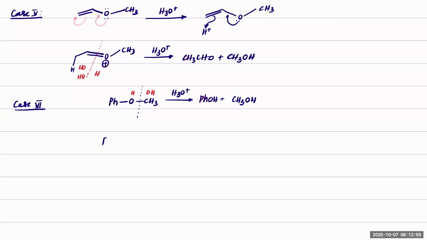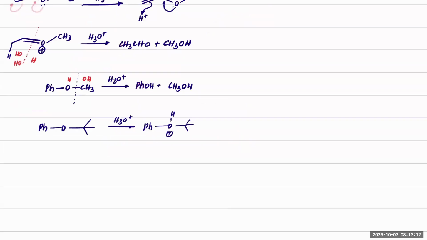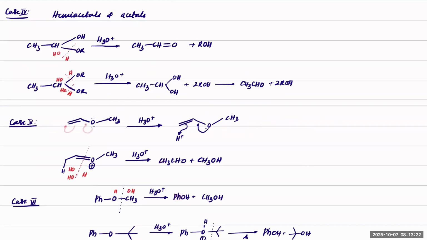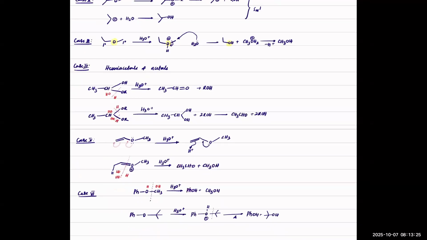Even if you have a tertiary group also, with H3O+, you'll get PhOH plus tert-butanol, as the bond will break from this end. These are all the cases of hydrolysis.